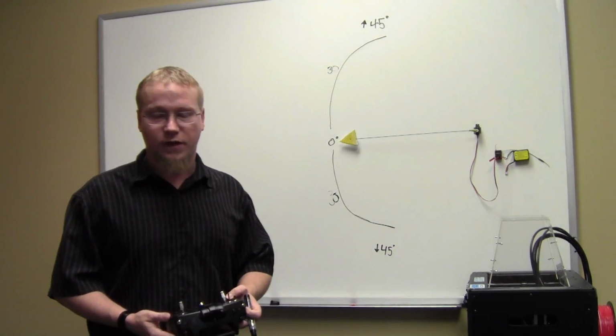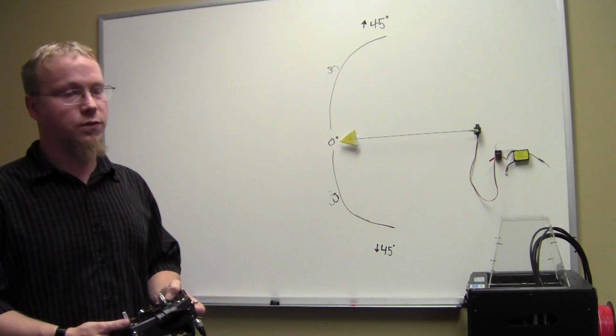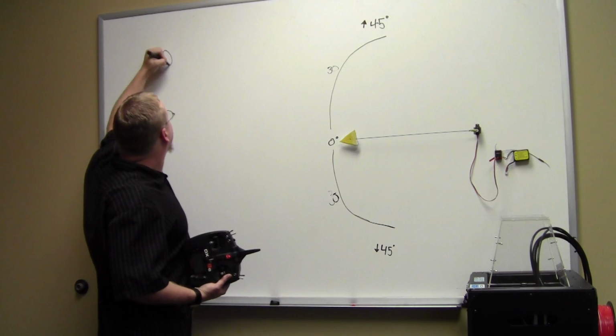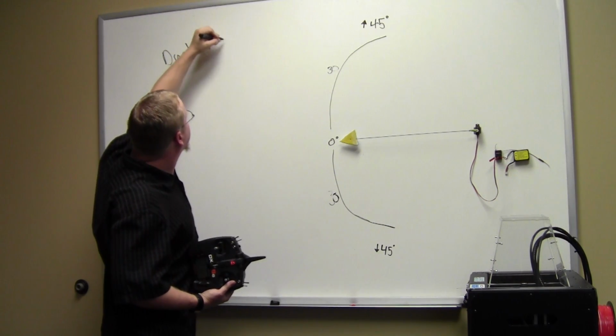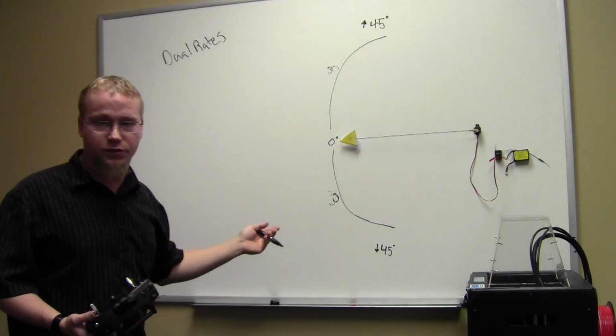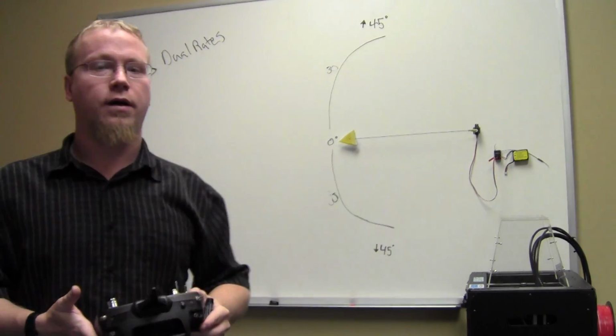There can be a lot of different things that have to do with flight modes. Dual rates and changing travel is one of them. So, dual rate. Dual rates changes travel.